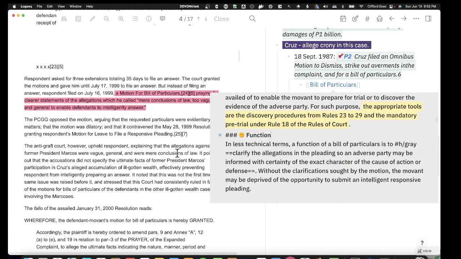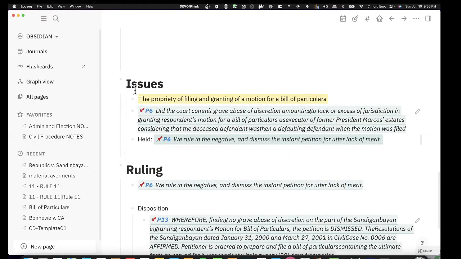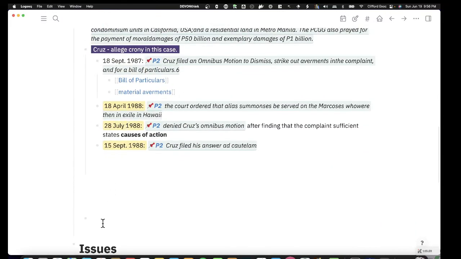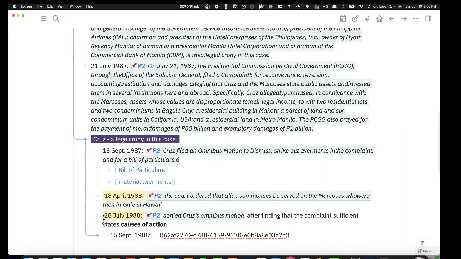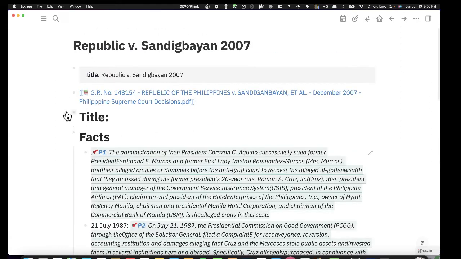Okay, and I'm going to close this, but now let's continue discussing the issue of this particular case, Republic versus Sandiganbayan. Teka pa na. Tanggalin natin to. Okay. So, let's go back.